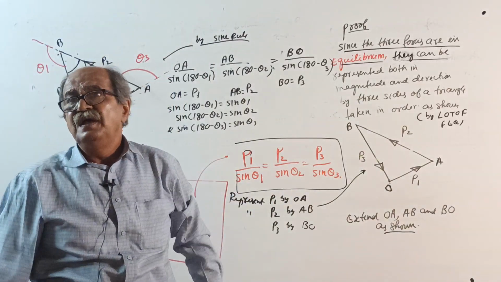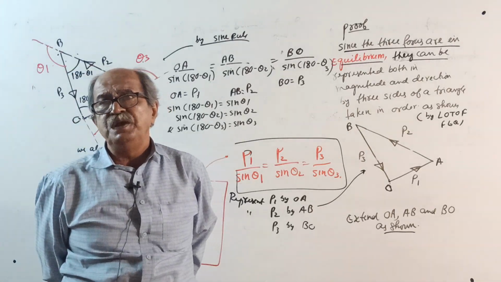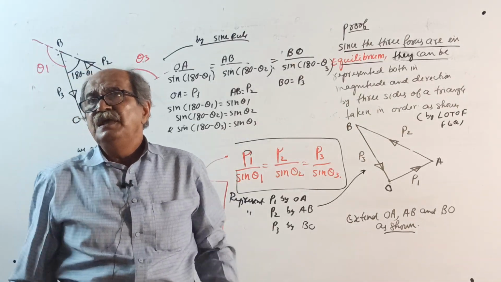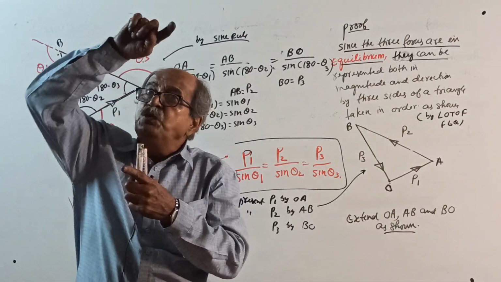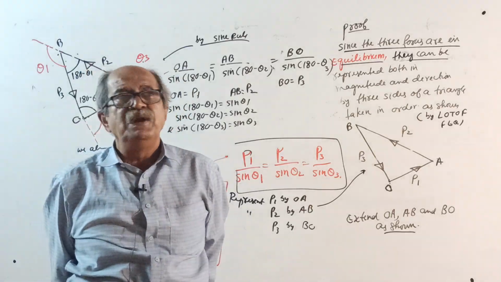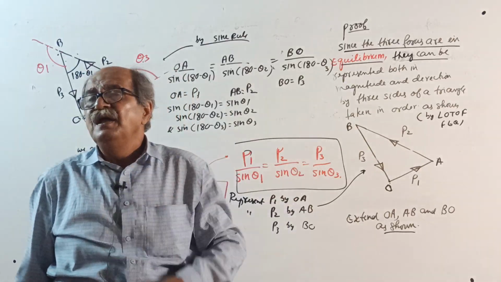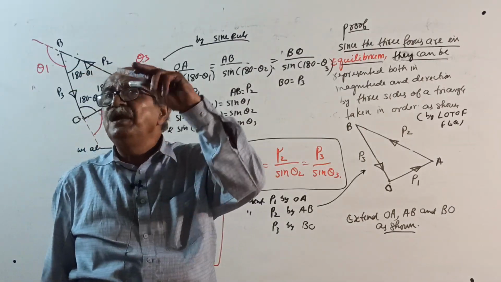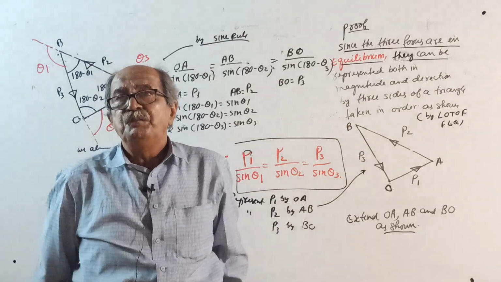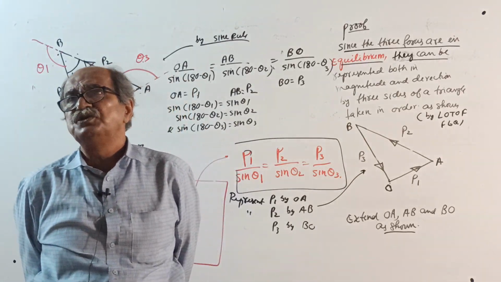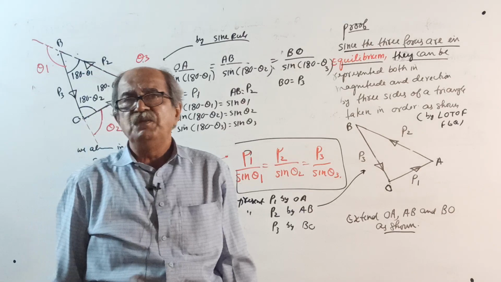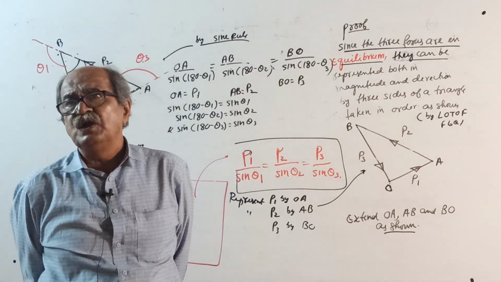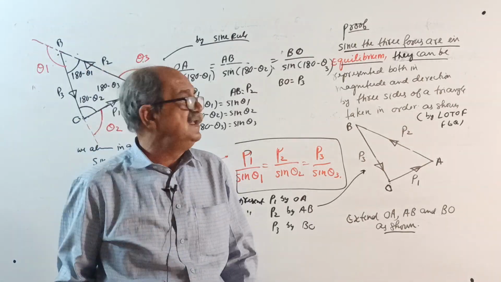Therefore, remember, if three forces P1, P2, P3 are in equilibrium, passing through a point, if theta 1 is the angle between P2 and P3, theta 2 is the angle between P3 and P1, theta 3 is the angle between P1 and P2, then each force is proportional to sine of the angle between the other two forces, or P1 by sine theta 1 equal to P2 by sine theta 2 equal to P3 by sine theta 3.